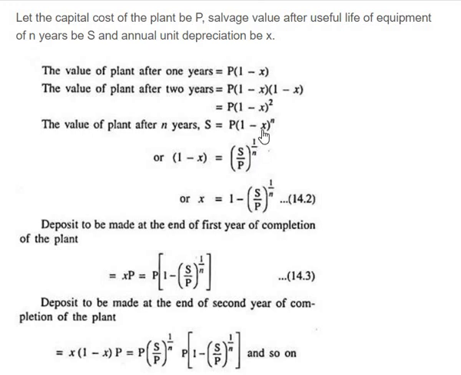It means we have kept 1 - X on the left hand side, and all the remaining terms on the right hand side. In the same fashion, if we do the further calculation, X = 1 - (S/P)^(1/n).